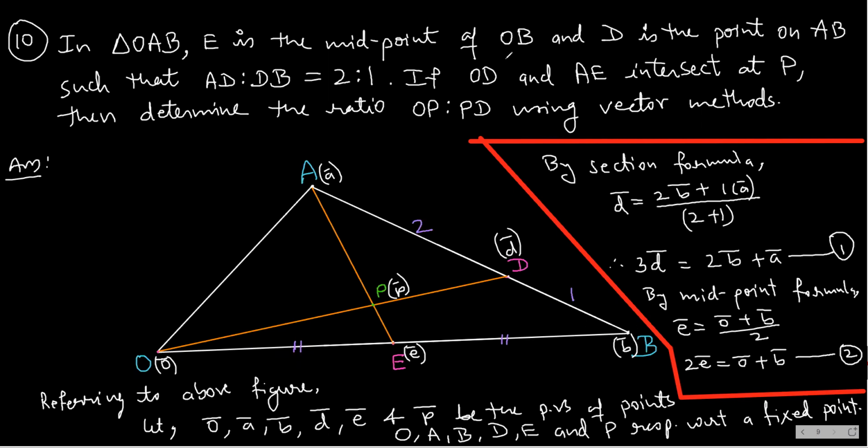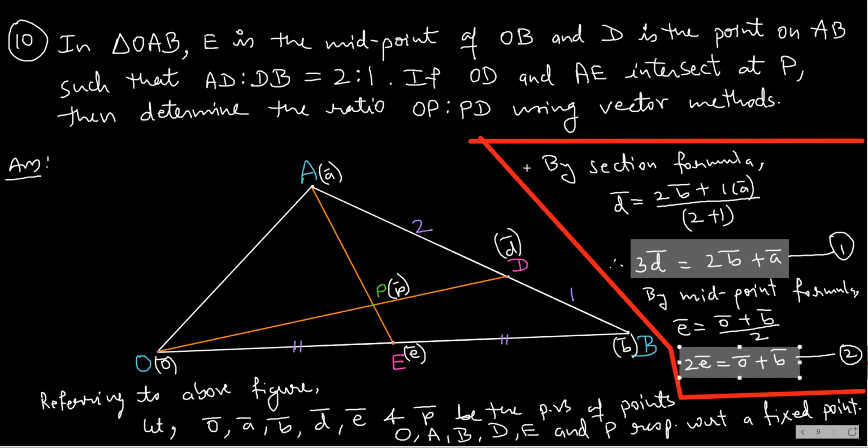Now these two equations which I obtain are going to get me my solution. And how is that going to happen? See, in the first equation, I have a relation between D bar, B bar, A bar. In the second, I have the relation between E bar, O bar, B bar.